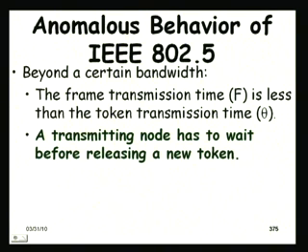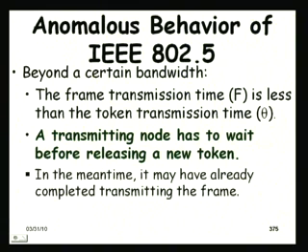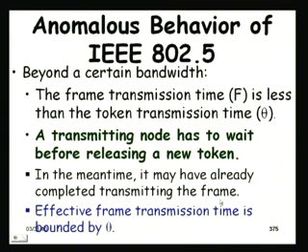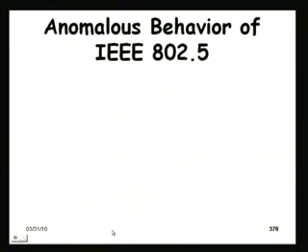So, it was just idling there, the channel was idle and there was a wastage of the bandwidth. It completed transmitting the frame and was just waiting for the header of the token, because the network has high bandwidth and could transmit very fast, but theta is dominating f and the effective transmission time is theta. There is a wastage of bandwidth.